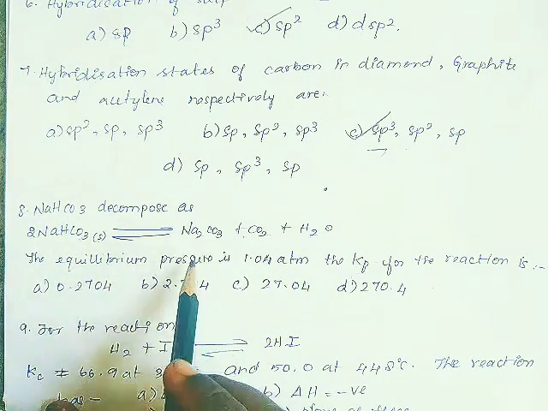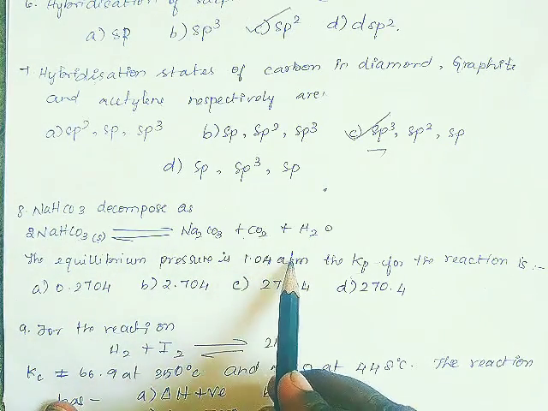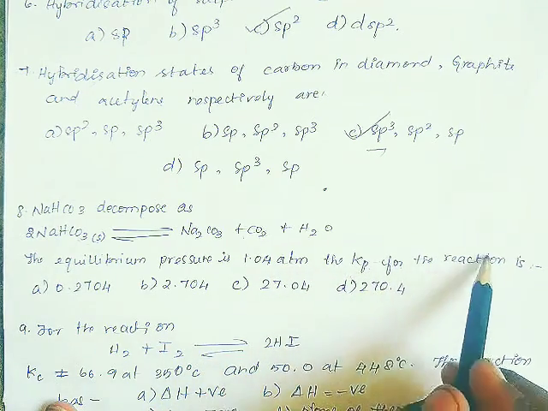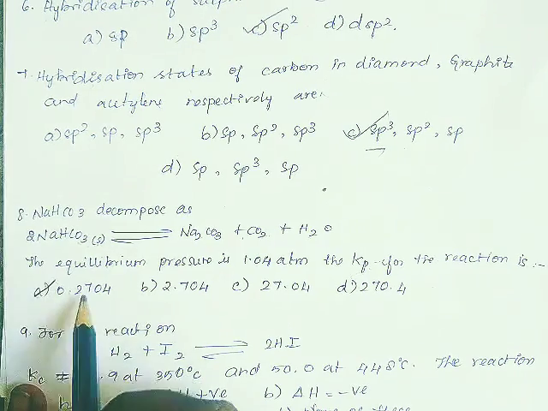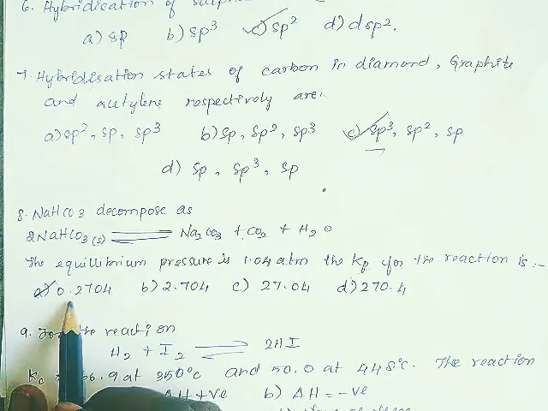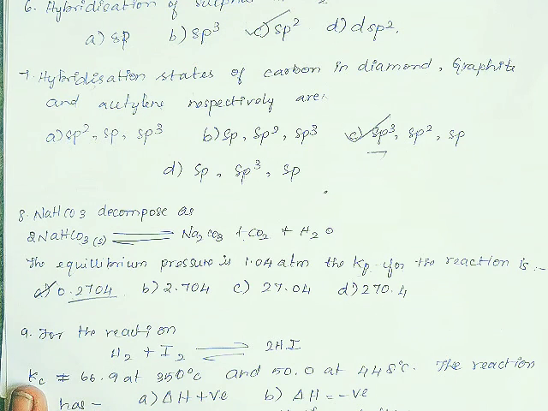The equilibrium pressure is 1.04 atmosphere and Kp for the reaction is, and the correct answer is option A, 0.2704. This is the correct answer.